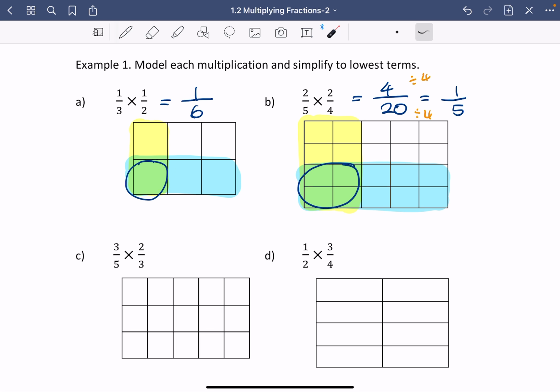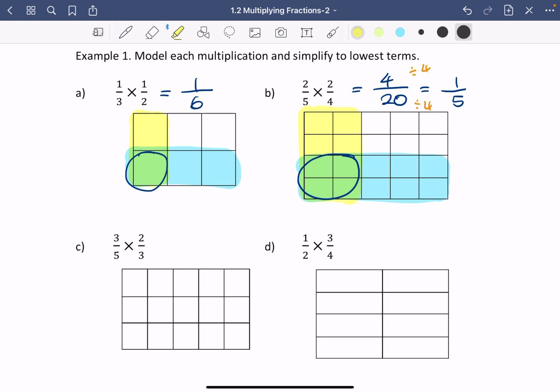Now, one thing to keep in mind is that when you multiply two fractions, you shade the first fraction vertically and the second fraction horizontally, so you have an overlapping area like this. Or you can do the reverse, the first one horizontally and the second one vertically, as long as one is vertical and one is horizontal.